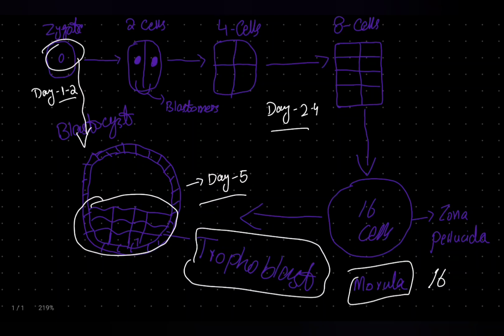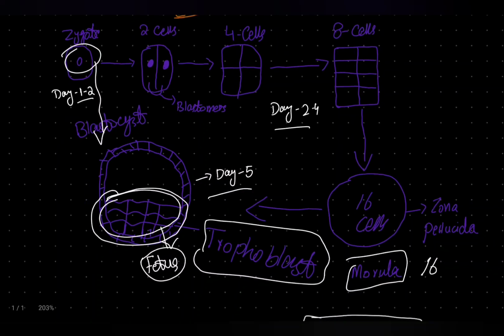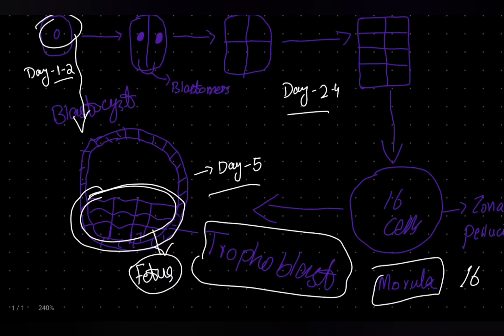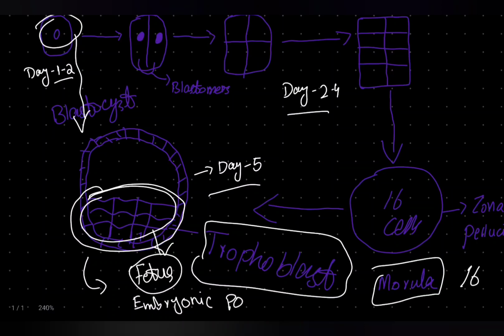It becomes the fetus. The embryoblast is converted into the fetus, and the cluster of cells located inside the blastocyst is called the embryonic pole.